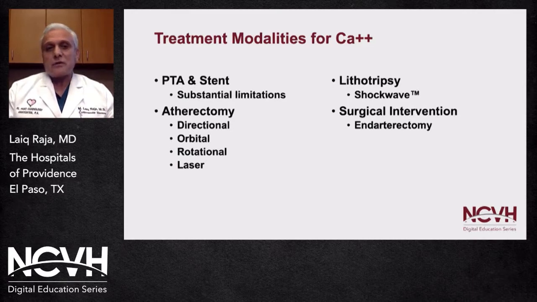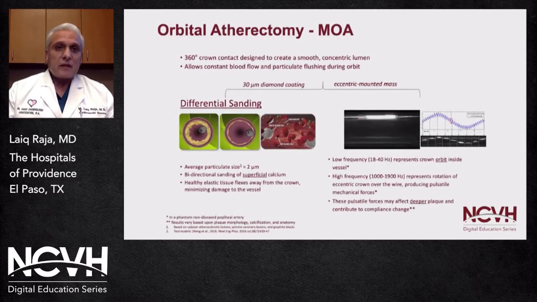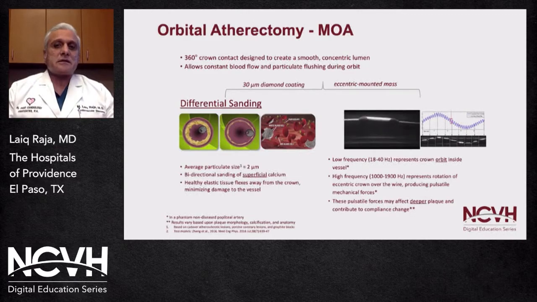Directional, orbital, rotational, laser atherectomy, and then lithotripsy, the shock wave, is a new kid on the block which has very good outcomes. And again, if nothing works, a surgical endarterectomy can be used to get rid of all the calcified areas.